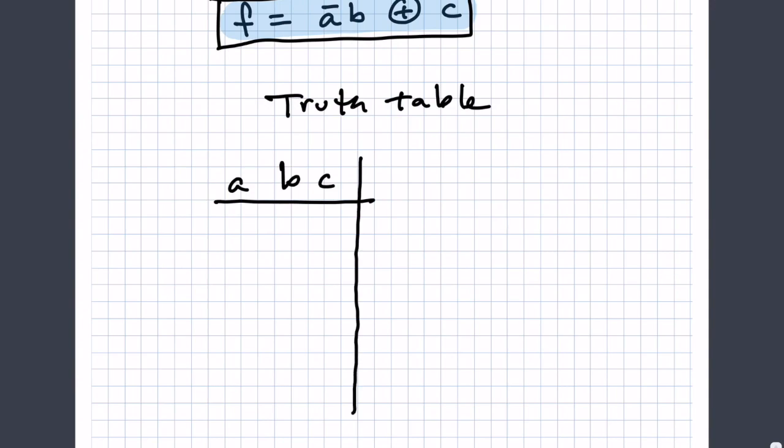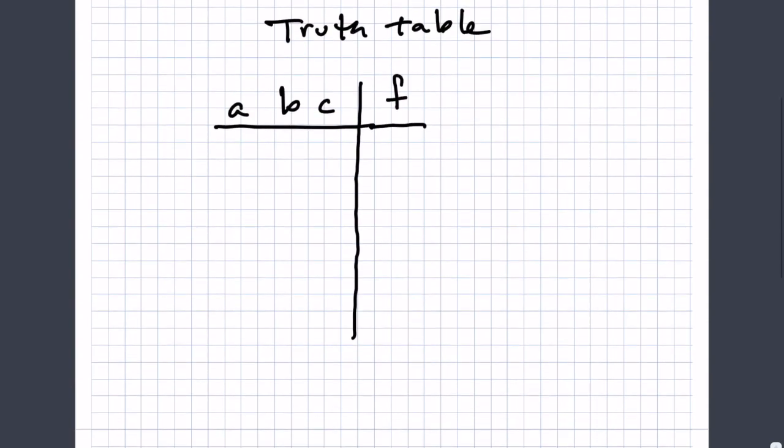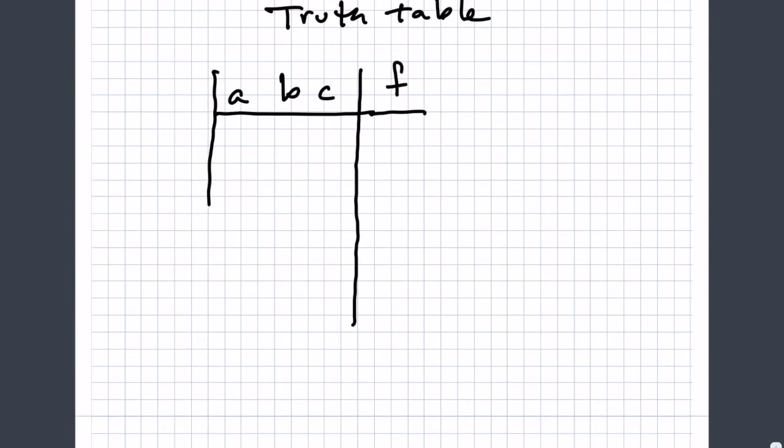And it turns out that is important, and I'll show you why in just a second. Okay, so I'm going to make this table, and I'm going to put a halfway mark here. And I'm going to put all the combinations of these variables. So there's 3 variables, so there's 2 to the third combinations. So 8 combinations.